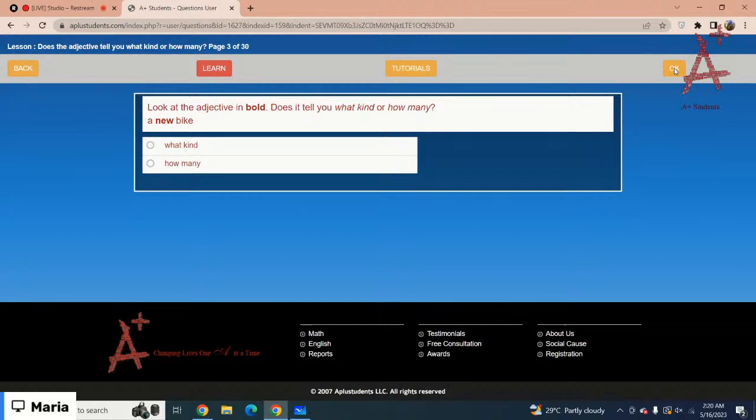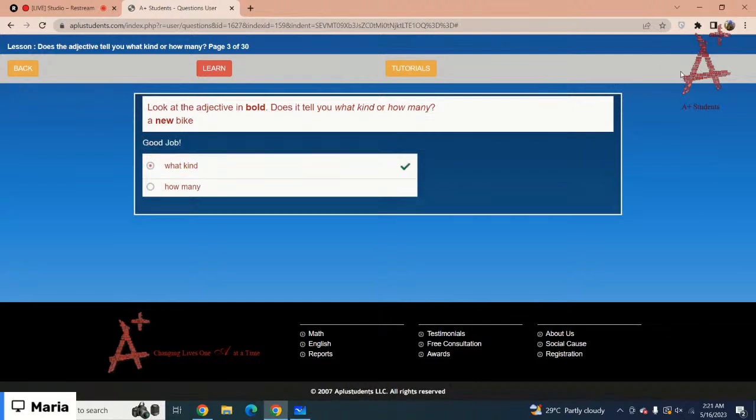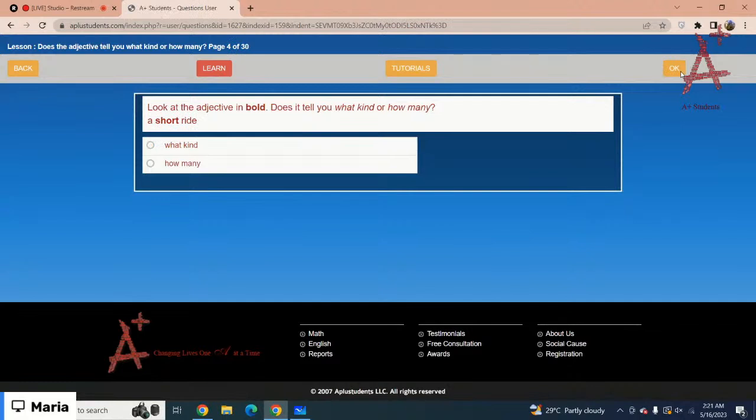Yes, it would be new. New is the what kind, got it? If it is a number, many, so many, some, that would be the how many, but the other words are the kind. Very good.